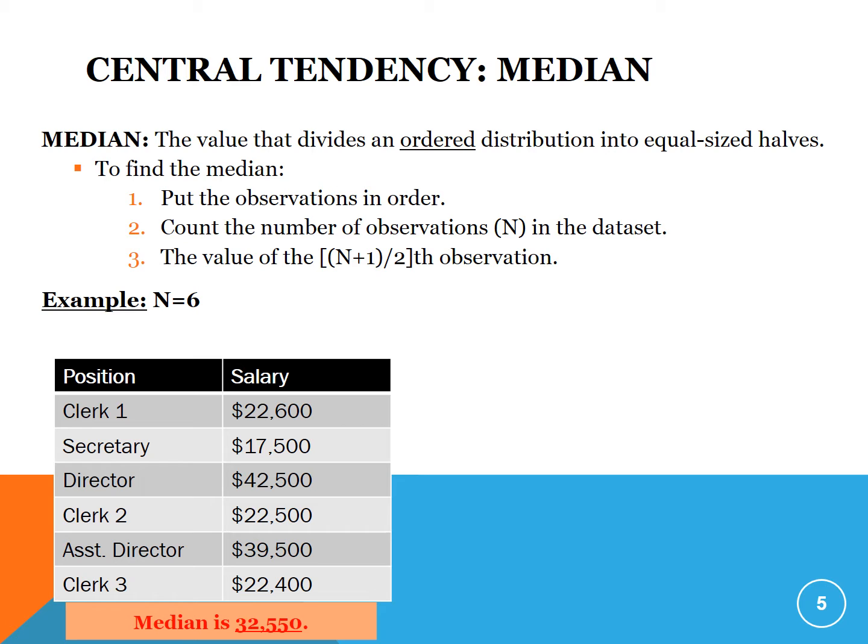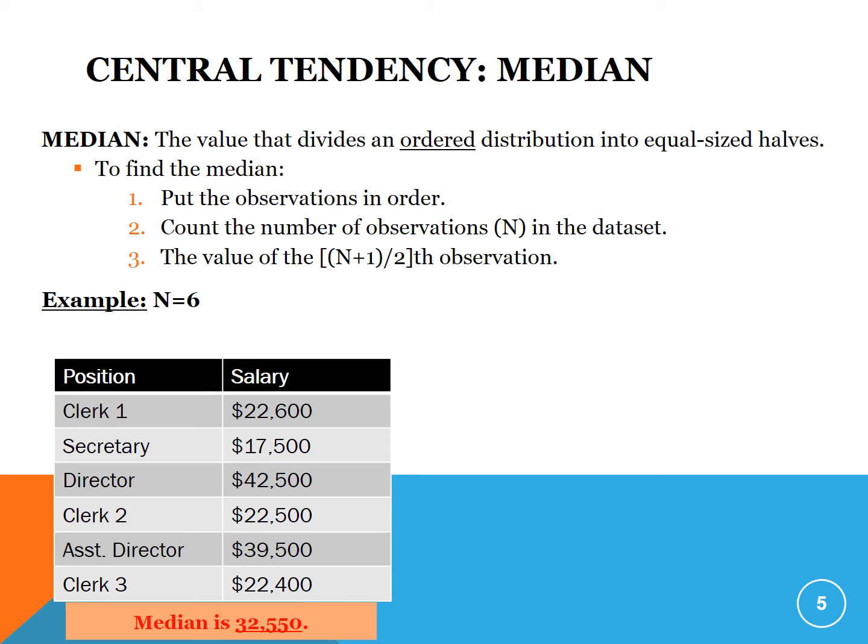We can have an ordinal, interval, or nominal level variable. But with a median, it has to be ordered. It has to be an ordered type of variable, whether it's interval or ordinal. There has to be order to that variable in order for us to know what the median is. And I'll show you why here.